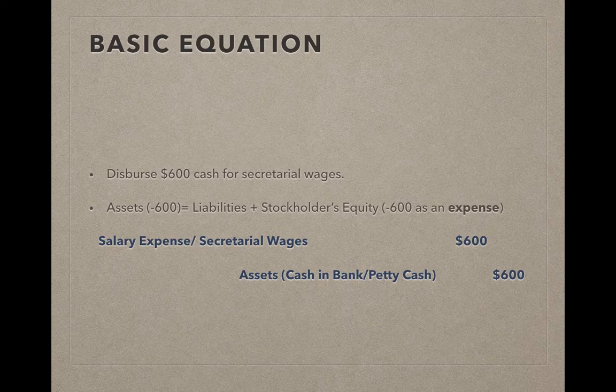So the journal will be salary expense or secretarial wages, plus 600 on the debit side, and the assets, or we can say cash in bank or petty cash, as both of them are elements of assets, the liquid assets.